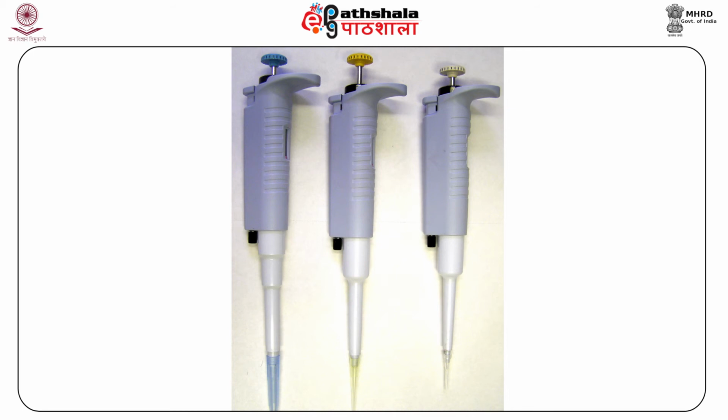Next is air displacement micropipettes. Air displacement micropipettes are a type of adjustable micropipette that measures volumes of liquid between about 0.1 microliter to 1000 microliters. These pipettes require disposable tips that come in contact with the fluid.